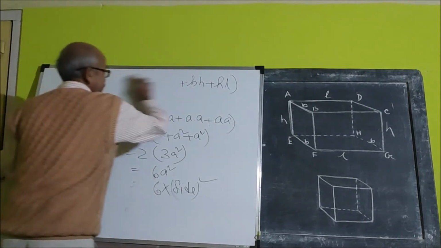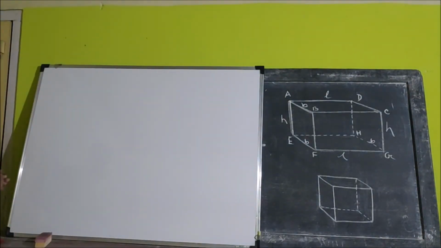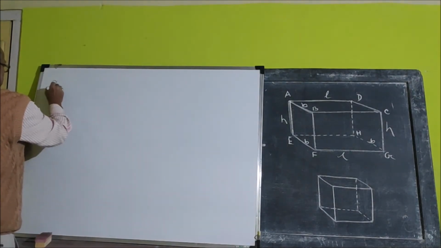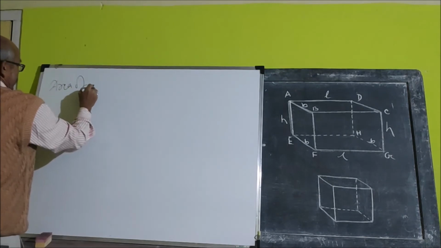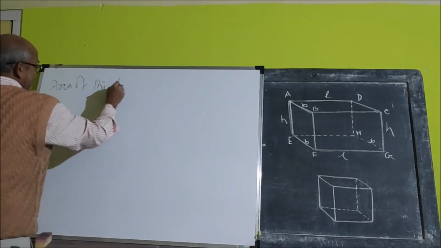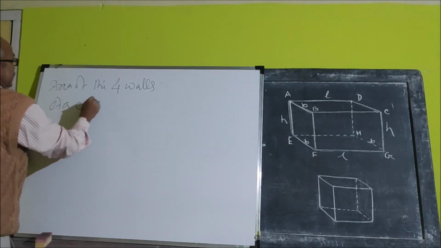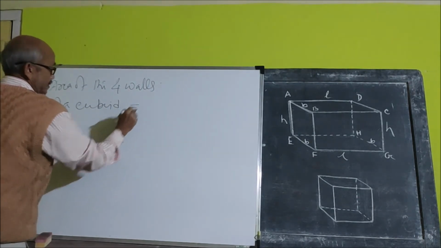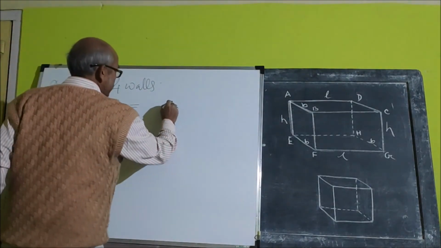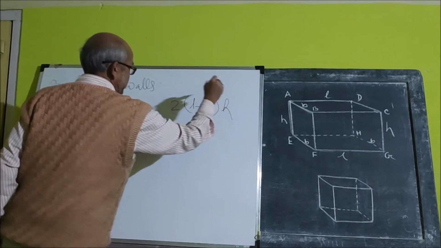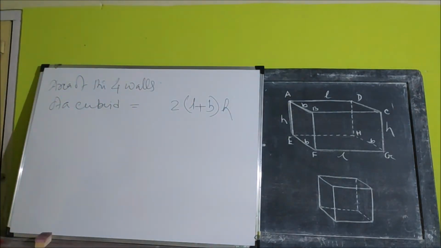Next, second one, area of the 4 walls of a cuboid. We have 2(L plus B) into H. From this formula, we can derive the area for the cube.